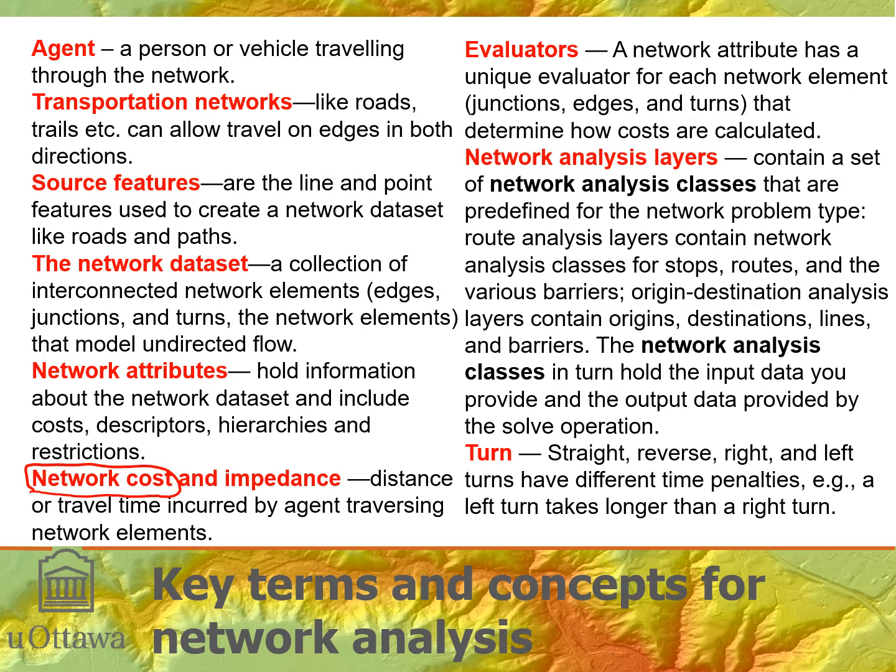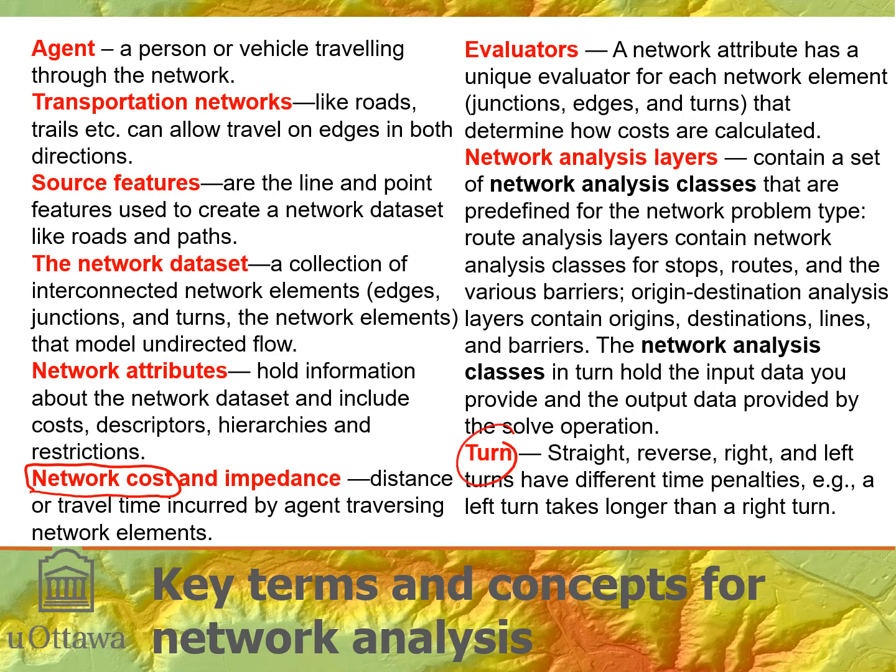And these are part of a network layer. This is separate from the network dataset. It's something that is used to organize a particular analysis that utilizes a network dataset. So a network dataset is behind a network analysis layer.